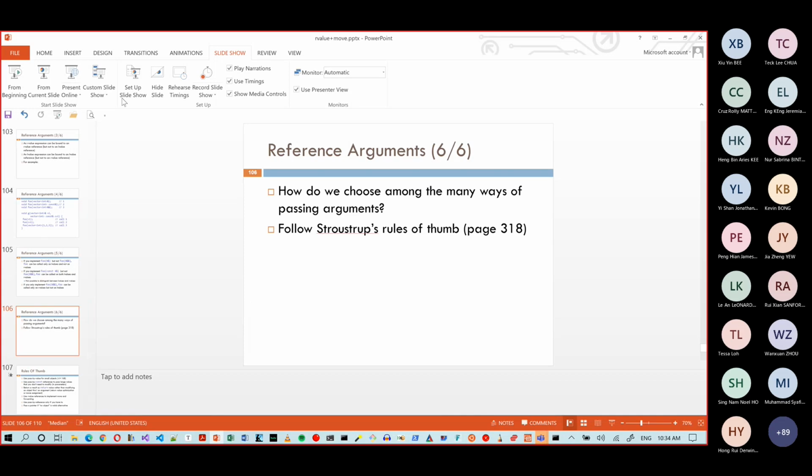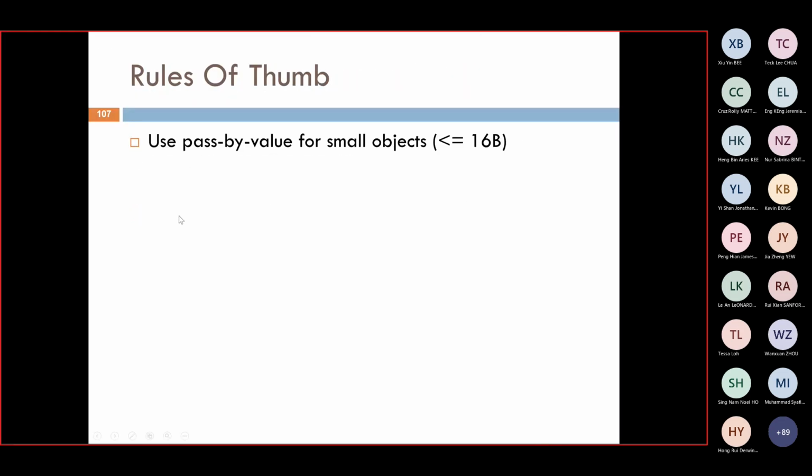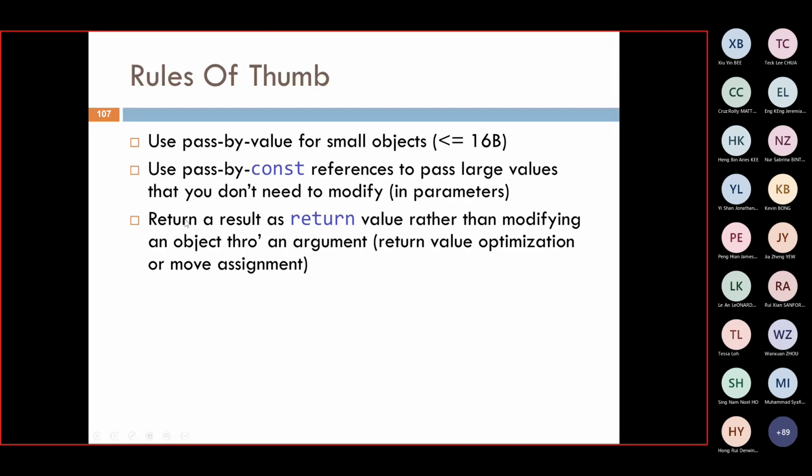So what does he say? Well, basically from his guidelines, use pass by value for small objects. Use pass by const reference to pass large values that you don't need to modify in parameters. We know that. Return a result as a return value rather than modifying an object through an argument. Why? Because the very first thing that happens is that your compiler is going to trigger return value optimization.